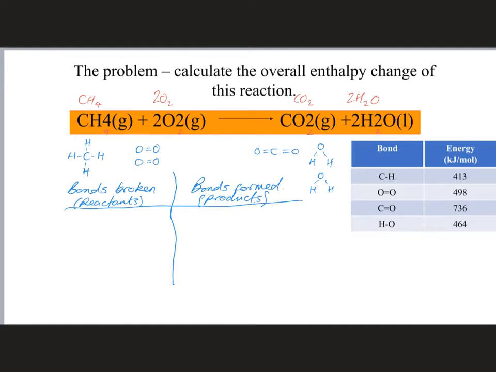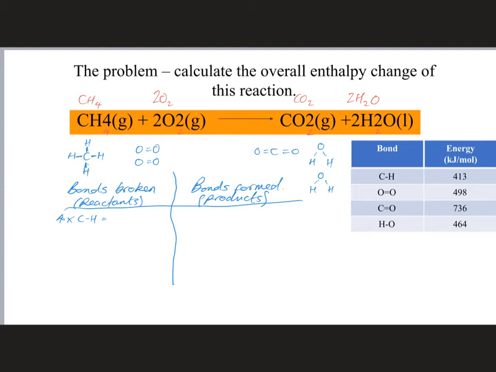Alright then, so let's start off with calculating the amount of energy needed to break the bonds of the reactants. So we need to count how many of each type of bond there are. Let's start with the CH4 molecule. Well, if we count them, there are 1, 2, 3, 4 CH bonds. So 4 times CH bonds.